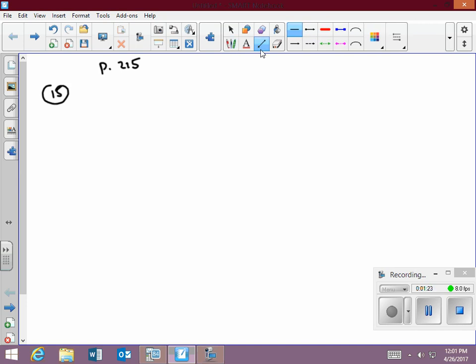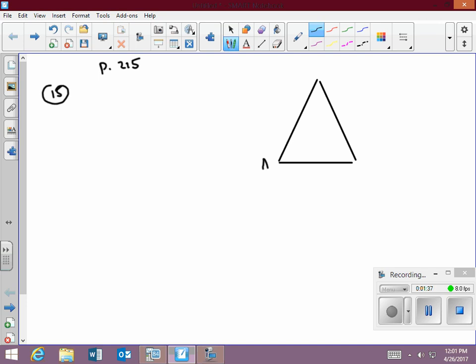What we have is an isosceles triangle: two congruent sides, two congruent angles.